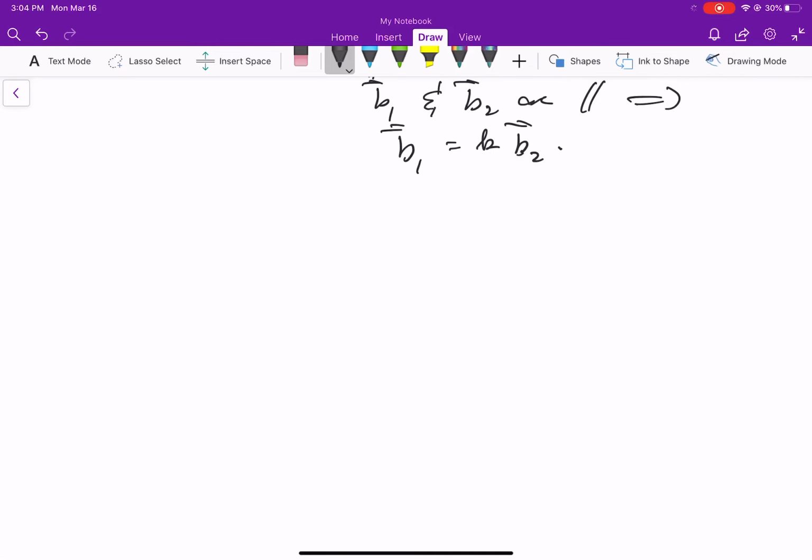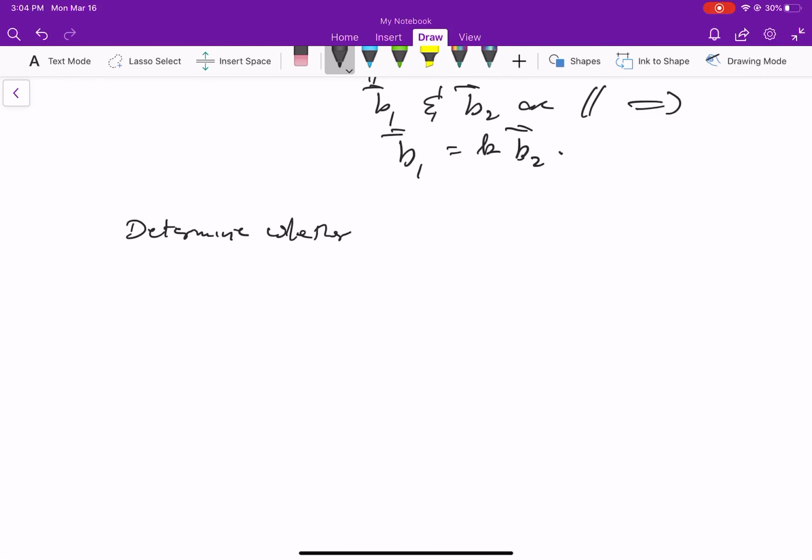So here is our first line pair. Determine whether or not the following pairs of lines are parallel or not. And here is the line pair.